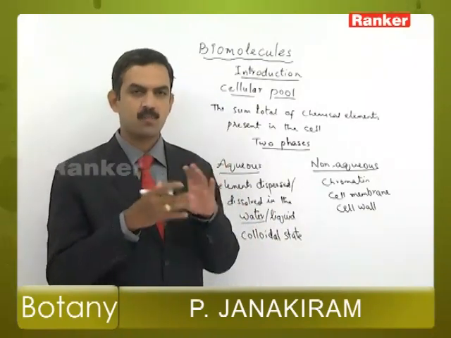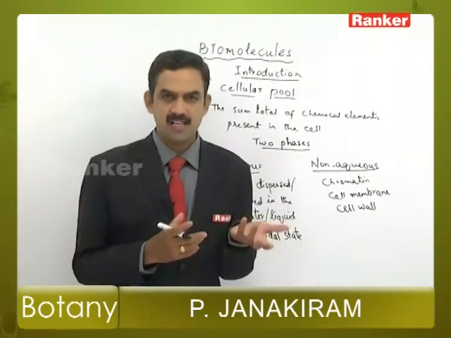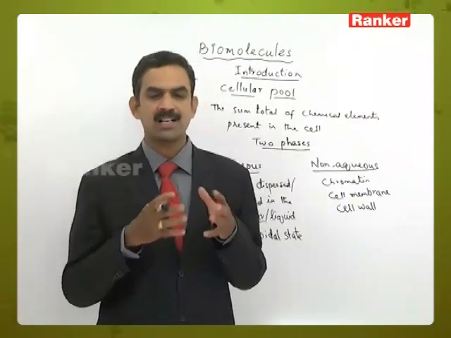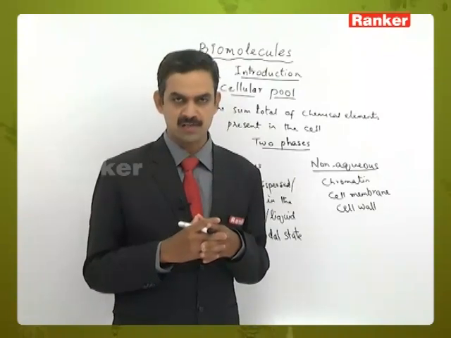So this is about the elements which are present, but which types of elements are present and how many elements are present, that has to be analyzed by various techniques.